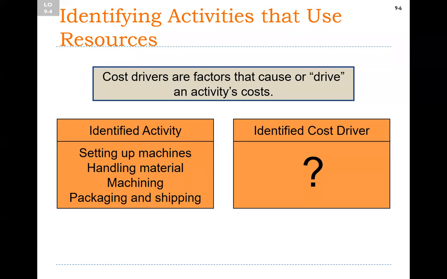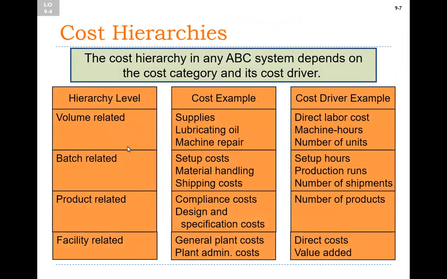So I keep saying the term cost driver, and this is one of those terms we talked about in one of our earlier chapters, but it's a factor that makes a cost increase or causes a cost to happen. So here we have some identified activities, and there are different cost drivers for each one of those activities. Here we see the different types of cost drivers. They could be volume related, batch related, meaning if I have a certain number of setups and I'm processing a whole bunch of units at one time, rather than just looking at processing 10,000 units.